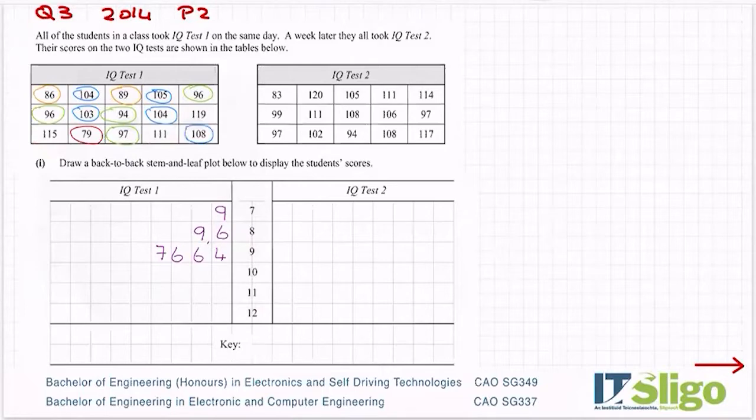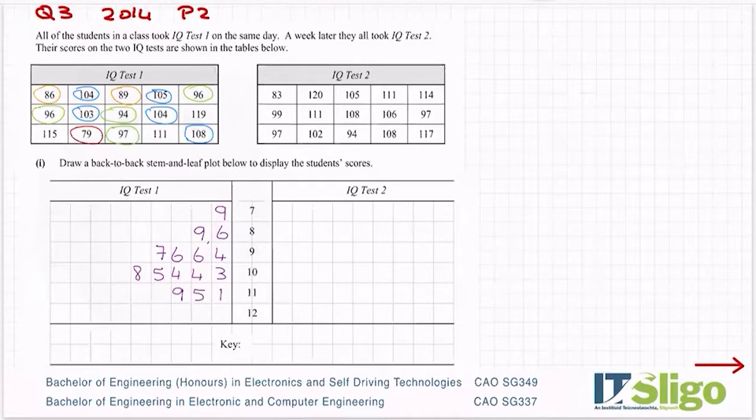Okay, so which one is the lowest there? 103. And then I have a 4, a 4, a 5, and an 8. Okay, and then the 3 that are left fit into the 110s. So I have 111, 115, 119.